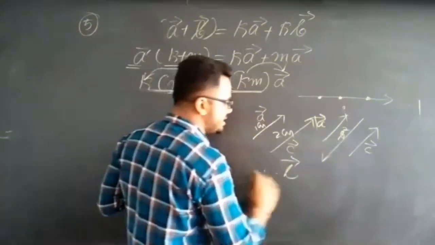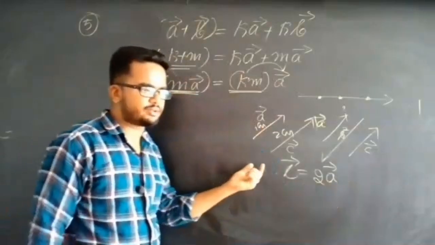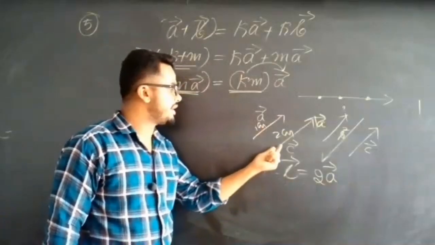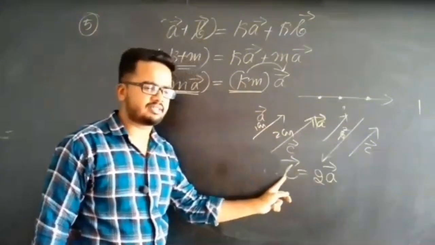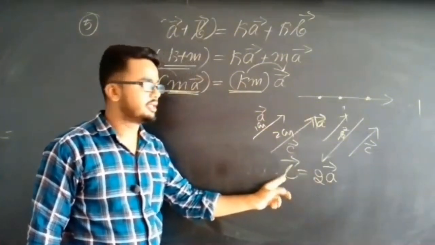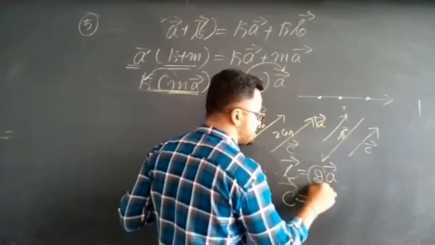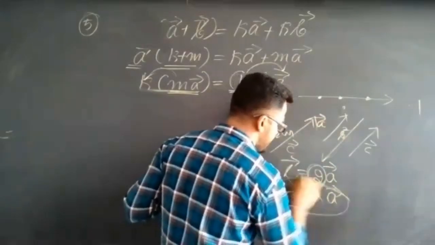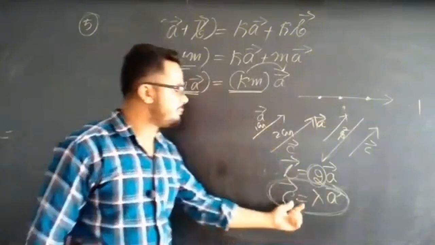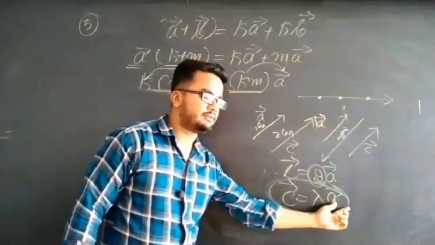Is it clear to you, dear students? Here C is written as some constant, which we consider as lambda, into vector A.